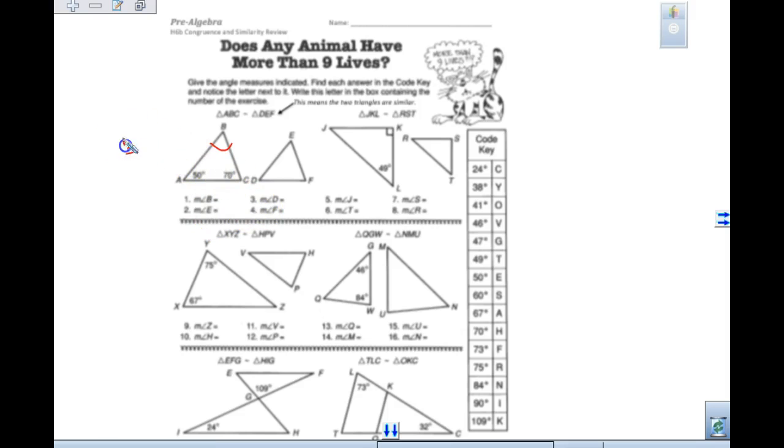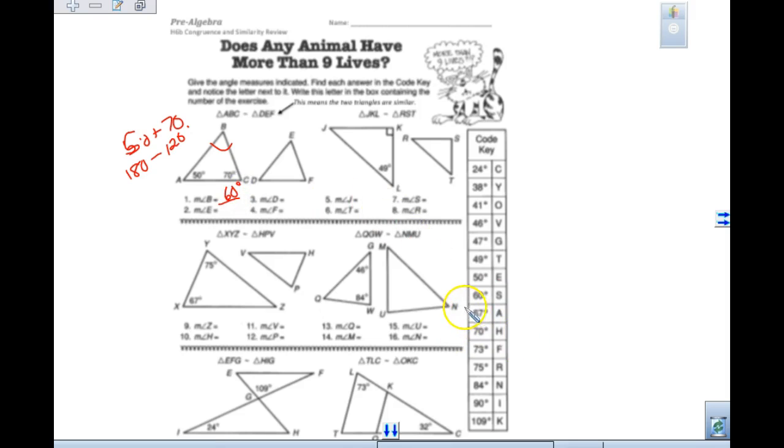What is 50 plus 70? 120. Okay, you're not helping anyone's cause by just saying random stuff. So 50 plus 70 gives us 120. We're going to take 180 minus 120, which means angle B is going to be 60 degrees.